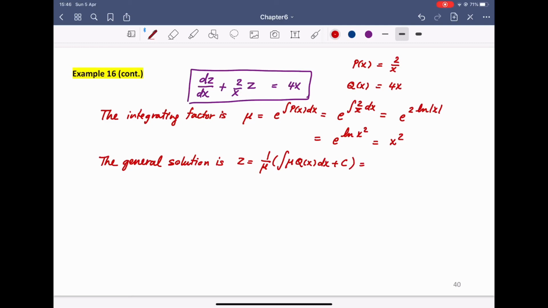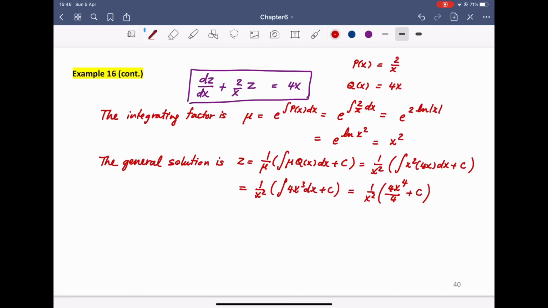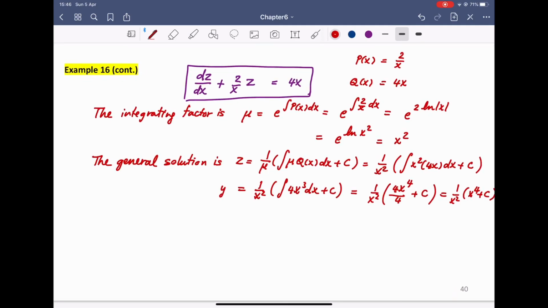That is 1 over x squared times the integral of 4x cubed dx plus c, which is 1 over x squared times 4x to the 4th power over 4 plus c. So you have 1 over x squared times x to the 4 plus c, and on the left hand side you have c, which is y to the 4th power.